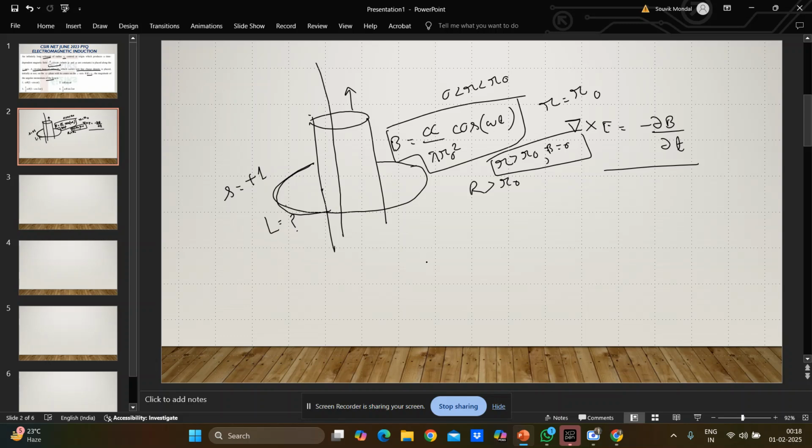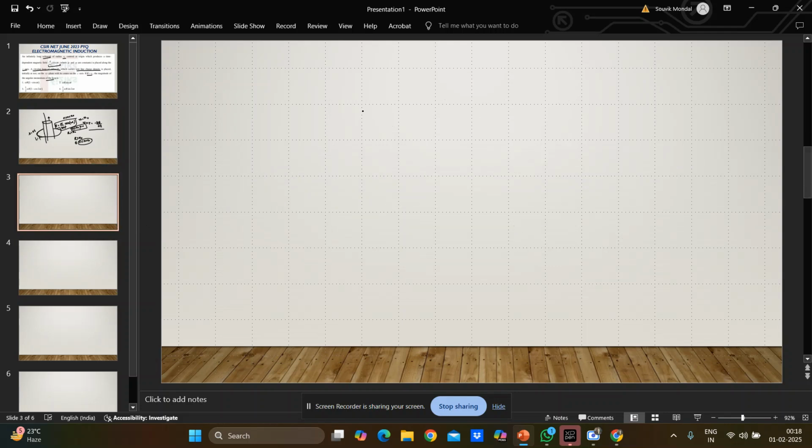So your flux is only inside this region, 0 less than r less than R naught. If capital R is greater than R naught and the magnetic field is valid only for 0 less than r less than R naught, then the flux passing through the radius R naught is also the flux passing through the radius capital R, because R naught is less than R. The flux is alpha by pi r0 square, B dot dS, cos omega t, and the area in which this magnetic field exists is pi r0 square.